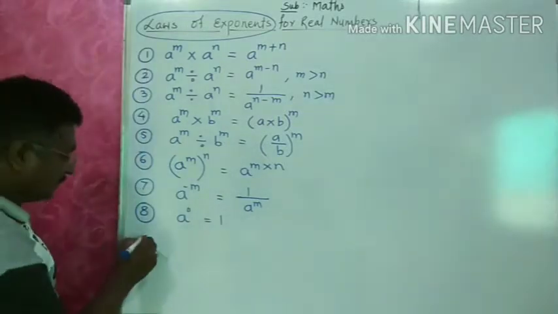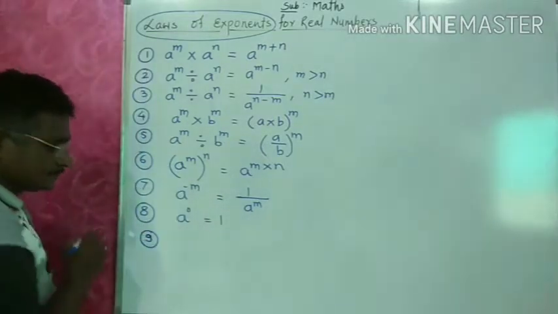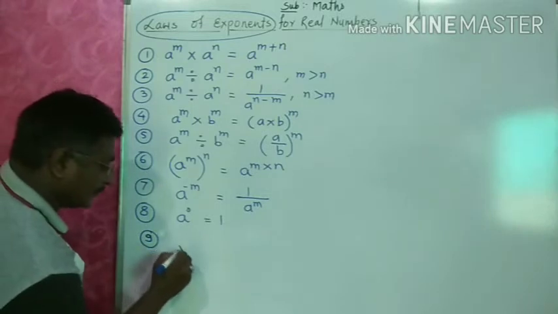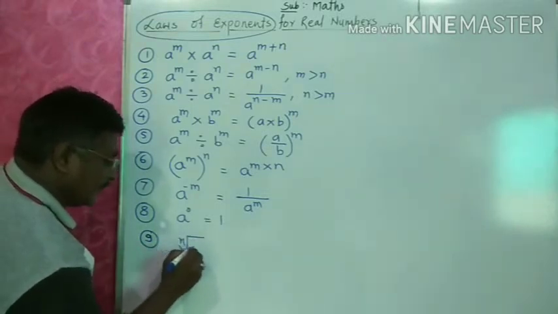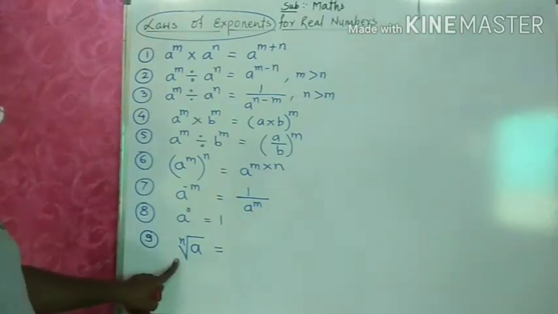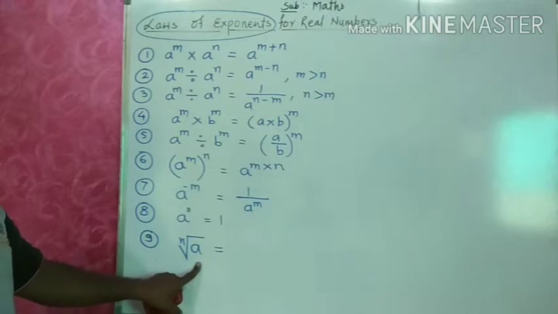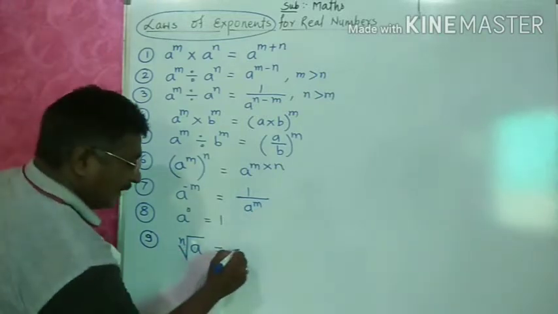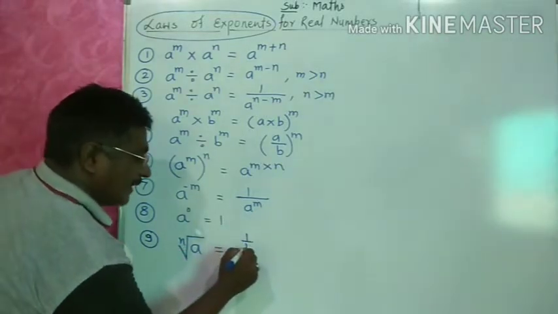So what is the 9th? Nth root of a. If it is written like this, how to write? A raised to the power 1 by n.